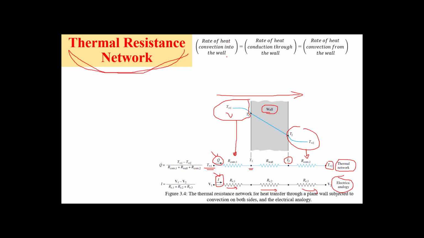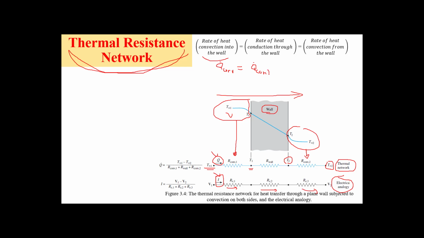Okay, so we can say that the rate of heat convection into the wall, Q dot convection, must equal the rate of heat conduction, Q dot conduction, because it is the same Q, series. We are talking about series resistance.